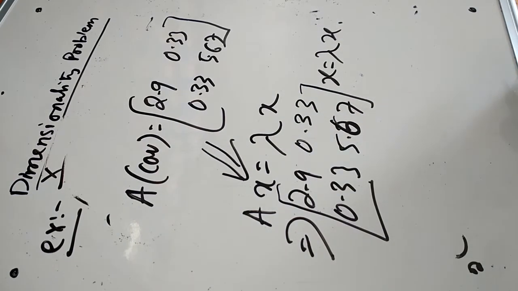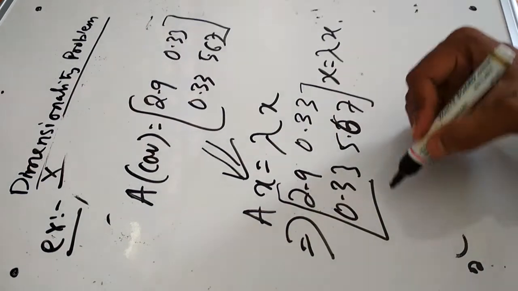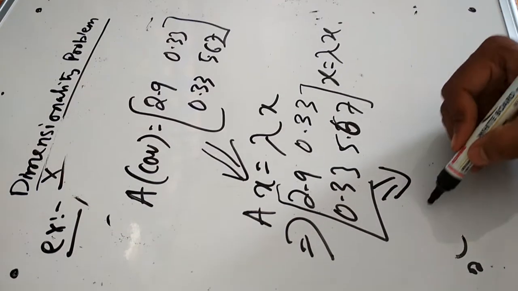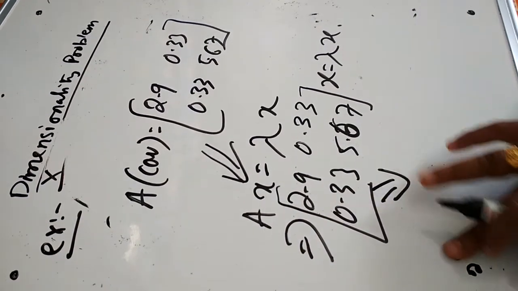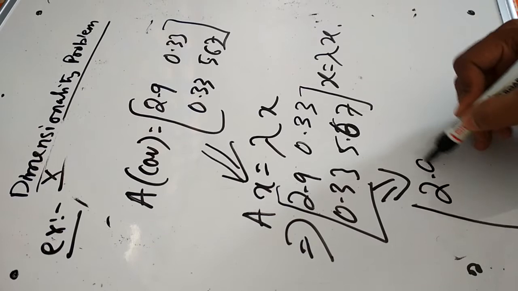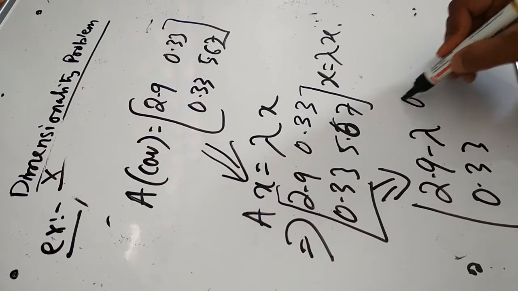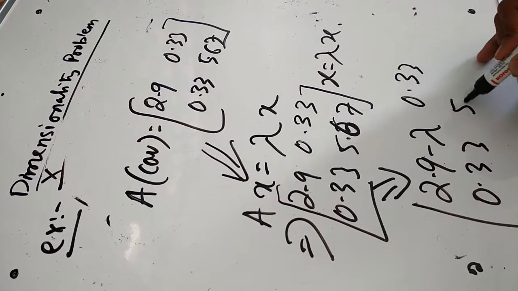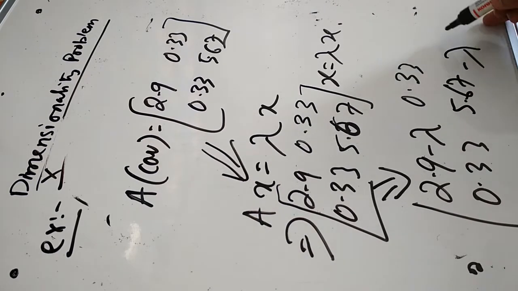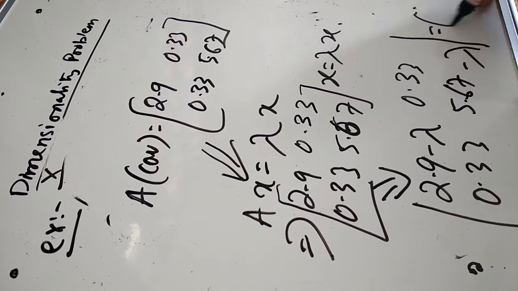So by finding the determinant, that is 2.9 minus lambda, 0.33, 0.33, 5.67 minus lambda, is equal to 0.